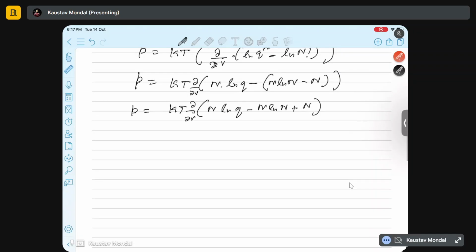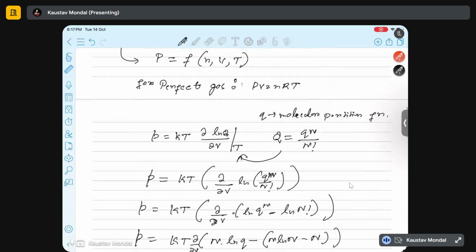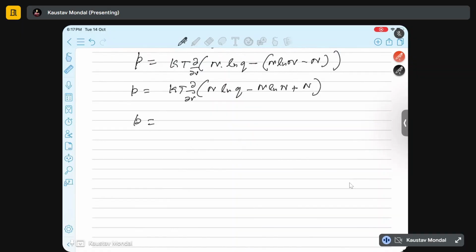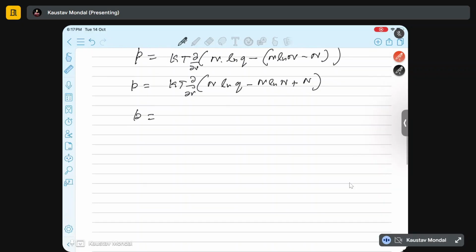Inside the derivative, if you observe carefully, these two terms are simply constants, so the derivative with respect to the volume of these two terms gives you 0. The only term that depends on the volume is the molecular partition function q, right? Suppose we are considering molecules that only have translational degrees of freedom; for the time being we are not including vibrational or rotational effects.